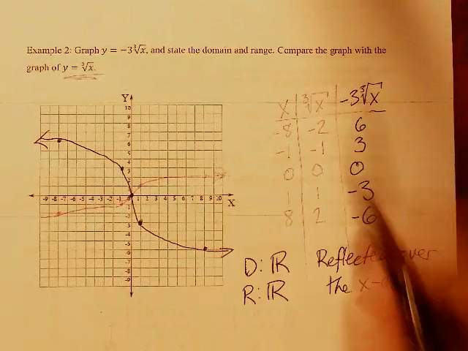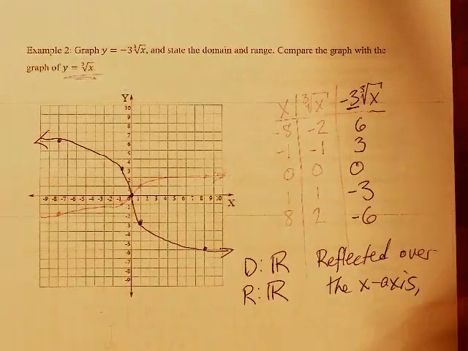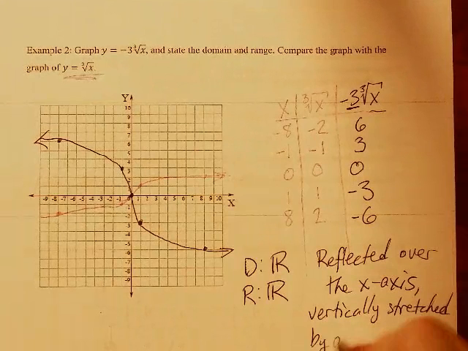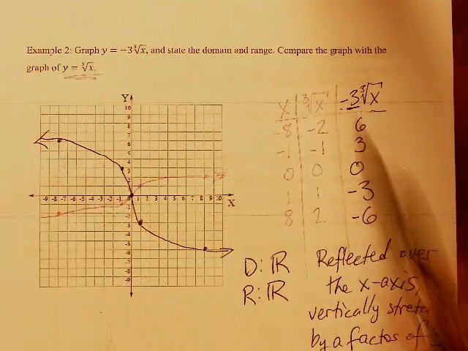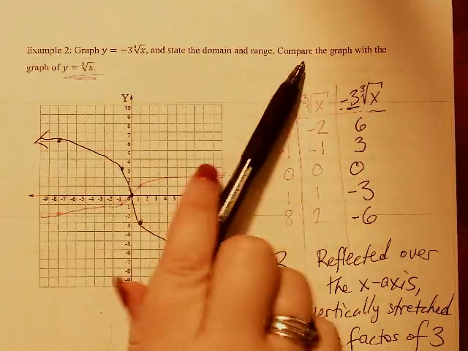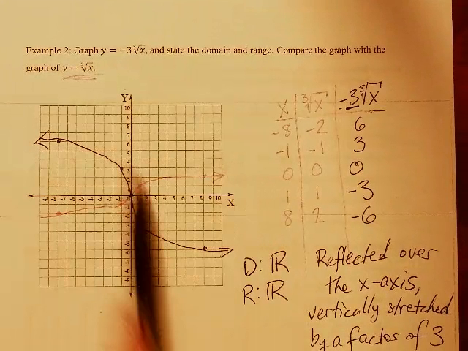Remember, if this is a bigger than 1 number, then it's vertically stretched by a factor of 3. And the negative is what makes it reflected over the x-axis. So that is how we describe the comparison between our parent graph and our new graph.